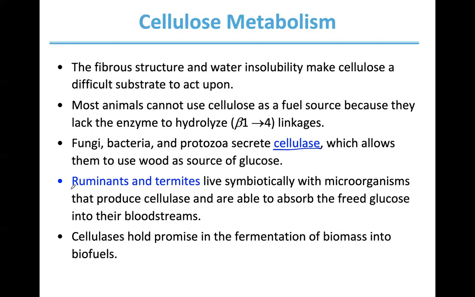And so obviously ruminants live symbiotically with microorganisms in their gut, which can actually produce cellulase to digest cellulose. And termites too, right? The way they break down houses is by producing the enzyme cellulase, which can hydrolyze the beta linkages.